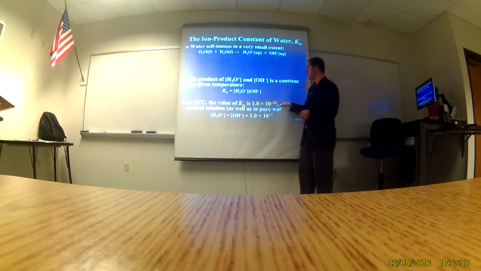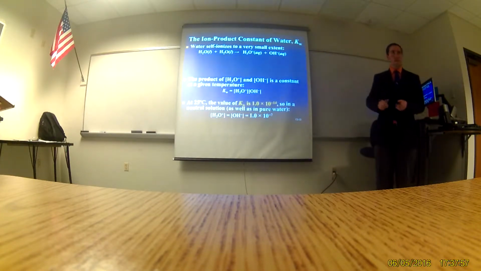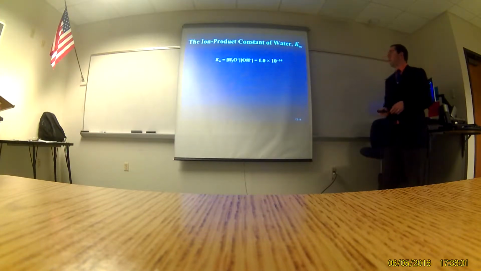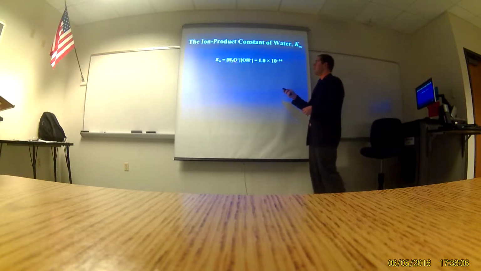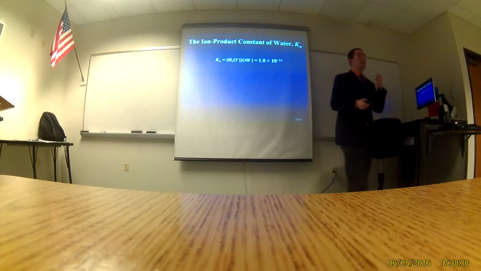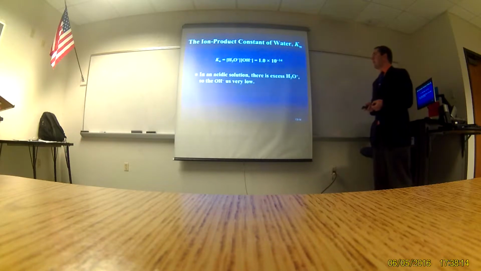In a neutral solution, they are both 1 times 10 to the negative 7. Don't worry too much about that number at this point. So this is KW: hydronium ion concentration times hydroxide ion concentration, and it will always, always equal 1 times 10 to the negative 14.